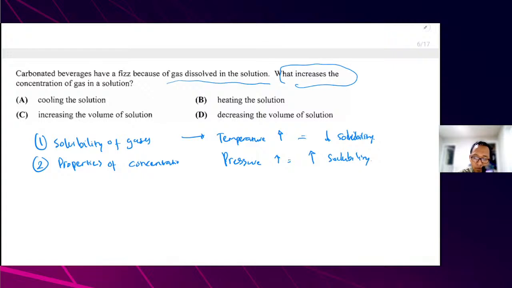Because cooling the solution means the temperature is decreasing, right? So cooling the solution gives a lower temperature, and then the gas stays dissolved.